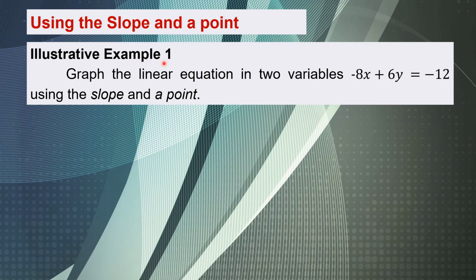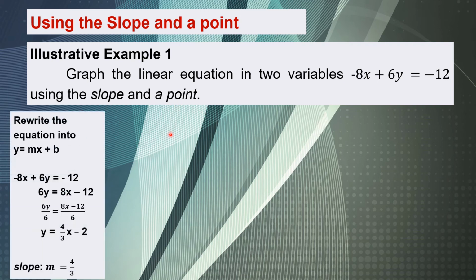So let's have an example using the slope and a point in graphing linear equations in two variables. Example number 1. Graph the linear equation in two variables negative 8x plus 6y equals negative 12 using the slope and a point. So our first step is to rewrite the equation into y equals mx plus b.